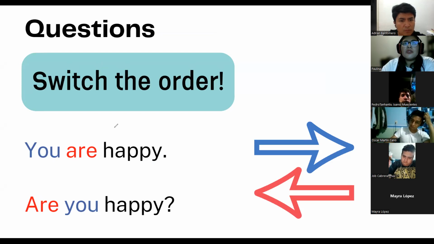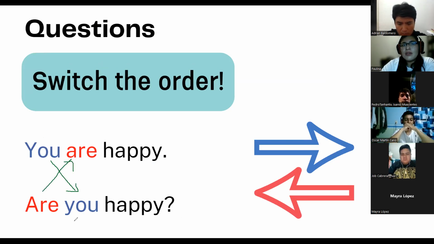Cuando yo quiero transformar esta oración en pregunta, ¿qué es lo que voy a hacer? Que intercambio los lugares. Ahora mi you, en lugar de ir primero, va a ir segundo. Y mi are, en lugar de ir segundo, va a ir primero. Are you. Is he.